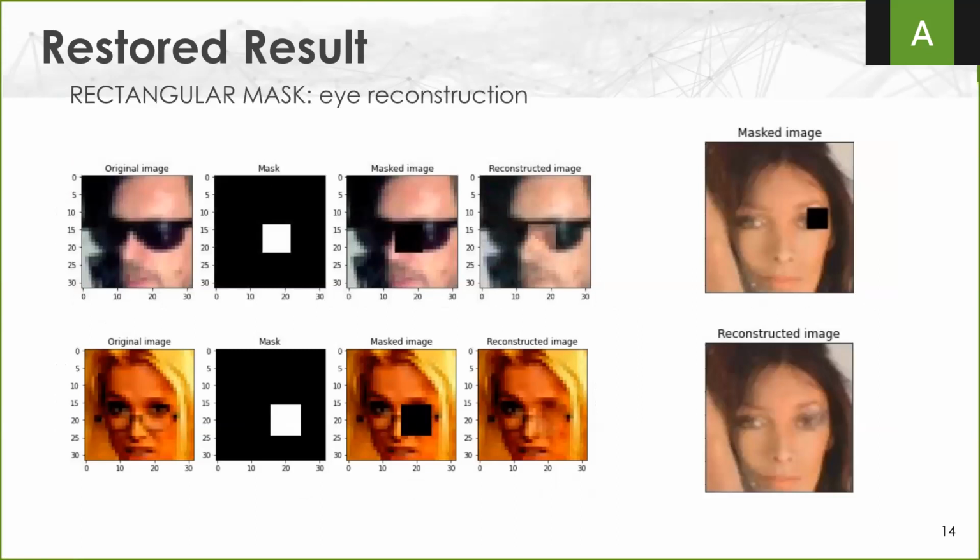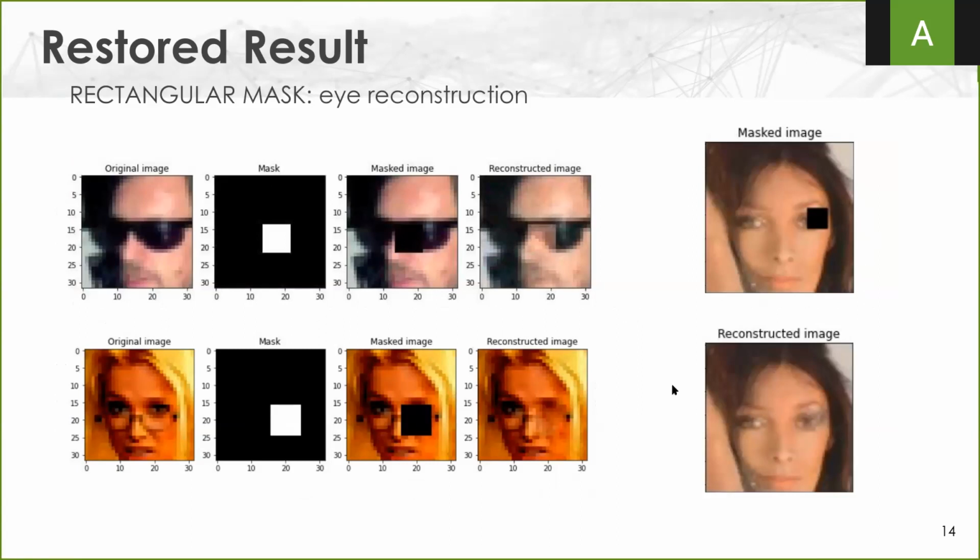Okay, let's move on. Here is another observation: eye reconstruction is very complicated since the structure of the eye is complicated. When just half of the eye is masked, it can be reconstructed.